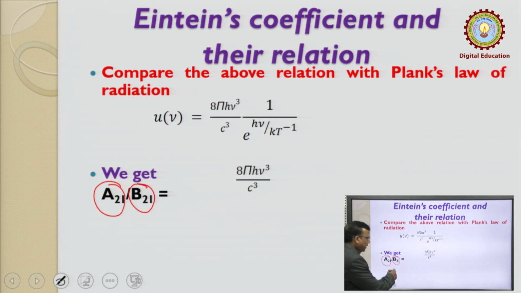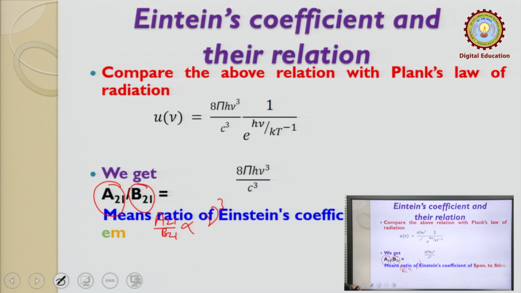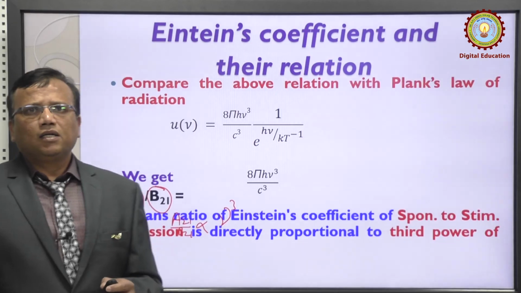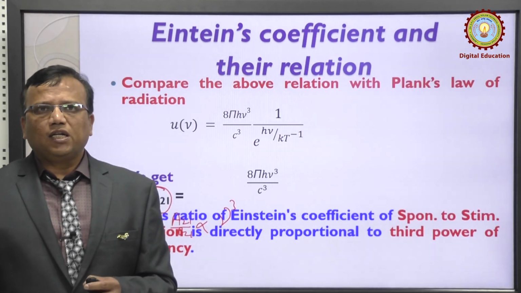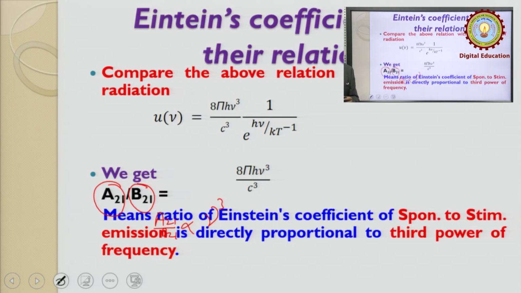We can say that A21 upon B21 is directly proportional to nu cube, meaning the ratio of the Einstein coefficients of spontaneous to stimulated emission is directly proportional to the third power of frequency.